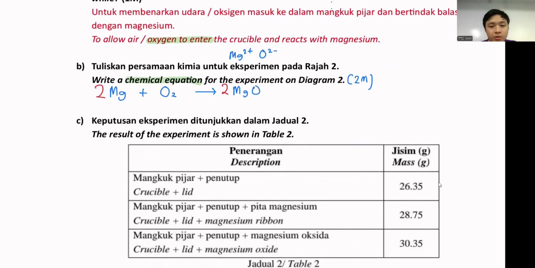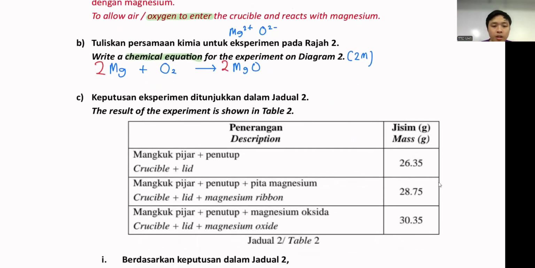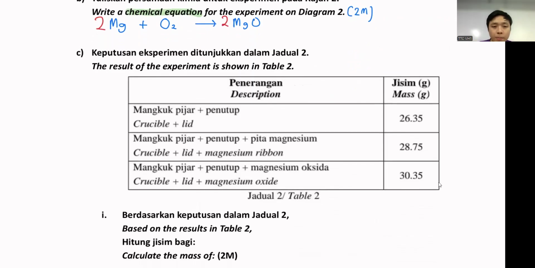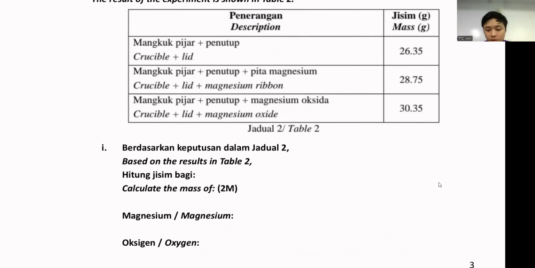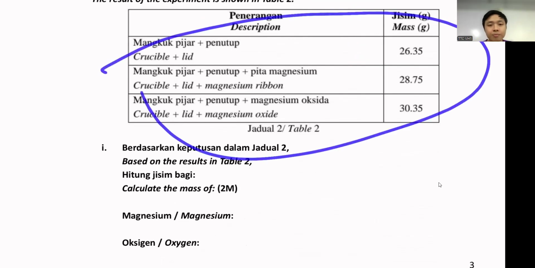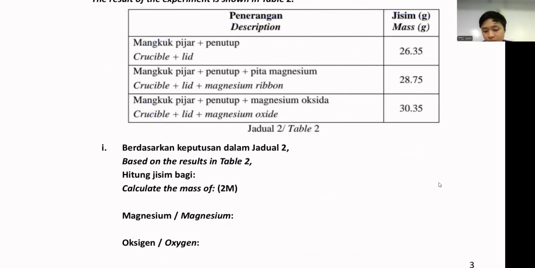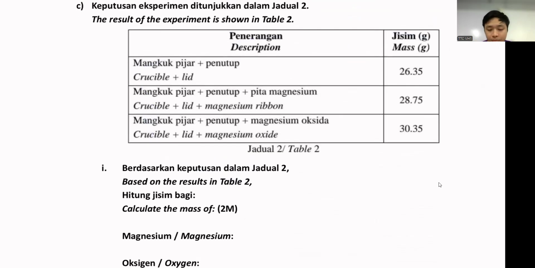The result of the experiment is shown in table 2. Based on the result, calculate the mass of magnesium and oxygen. If you see this kind of table, you will know how to calculate. First of all, how do we calculate the mass of magnesium?